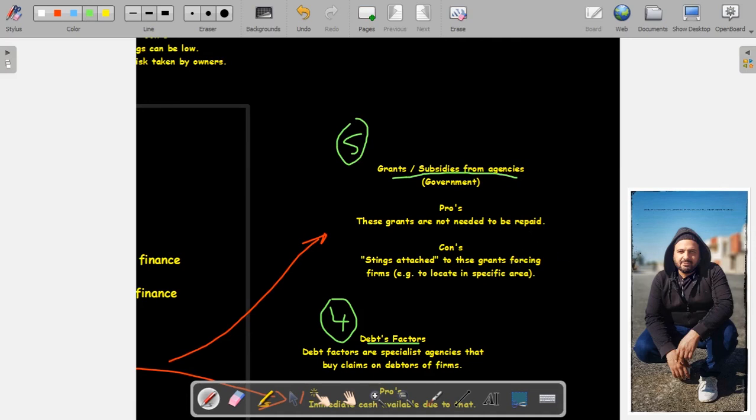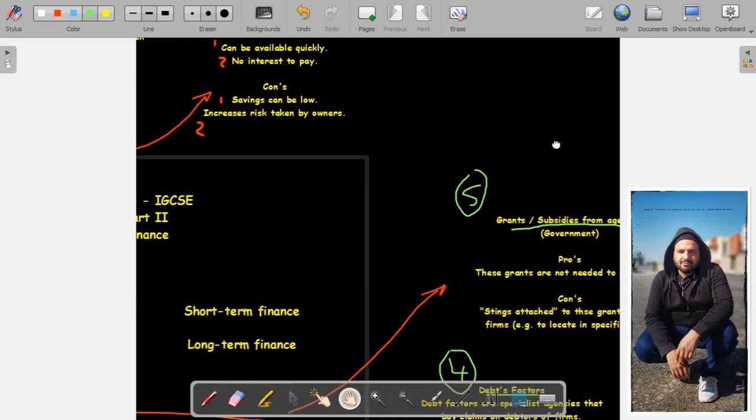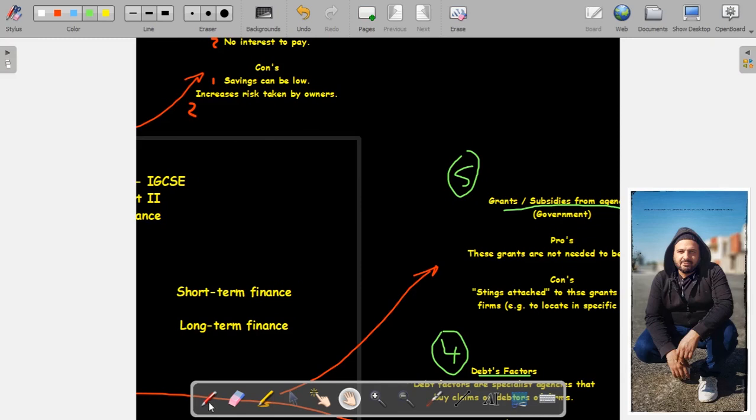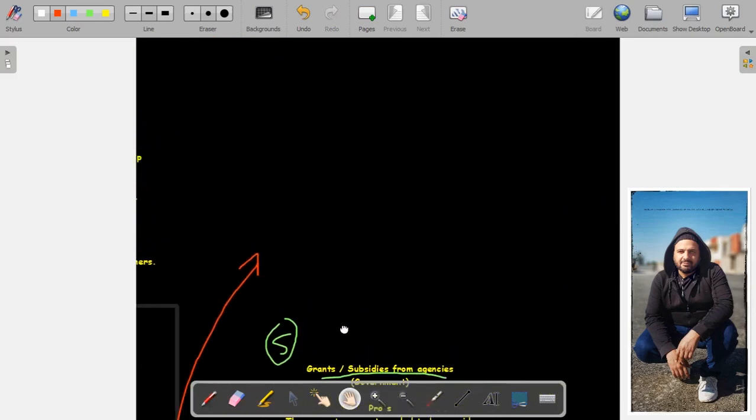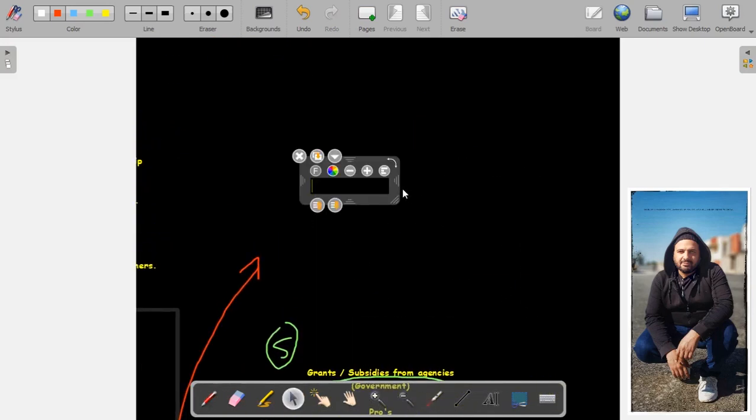There is one more way of finance which is different from all of these. It's called microfinance. What is microfinance, guys? It's the idea of funding poor countries or poor people in developing countries.